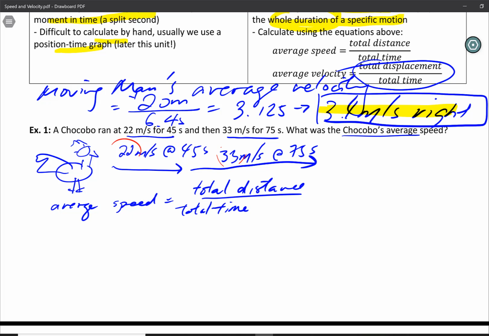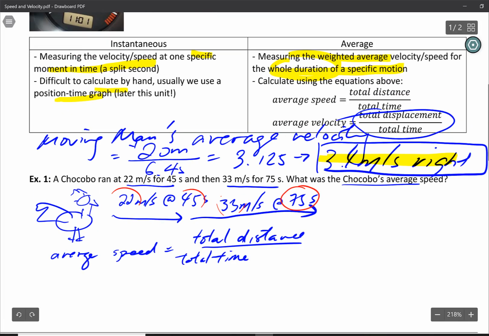Now that's where we have to be very careful, because notice that he didn't travel for equal time for these two speeds. So in terms of the weighted average, it means that you need to weigh 22 meters per second by how much 45 seconds would take during the whole duration of this chocobo's motion.